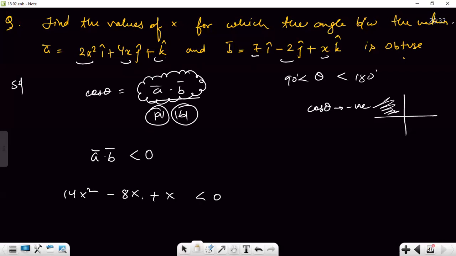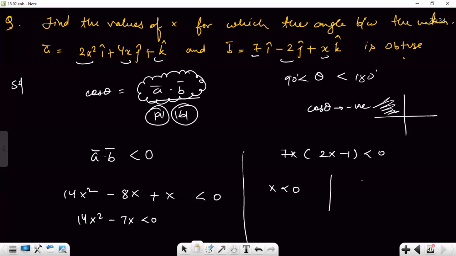Now we have an inequality with a single variable. We can find it out, very easy for us. So 14x square minus 7x should be less than 0. Taking 7x common, 2x minus 1 should be less than 0.